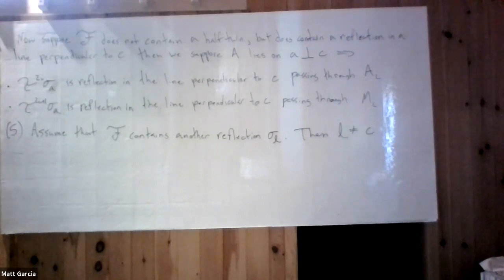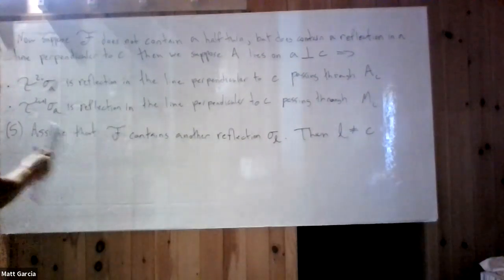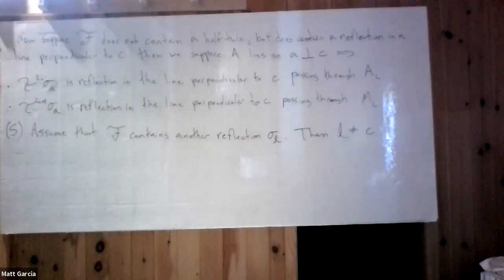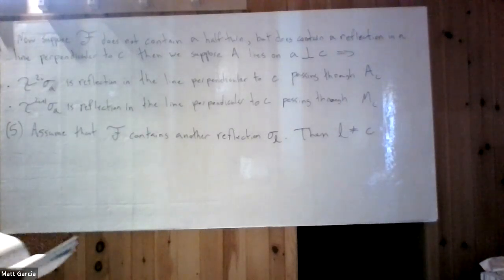Assuming that F contains some other reflection, sigma sub L, how do I know that L cannot equal C? Any thoughts on that? No?